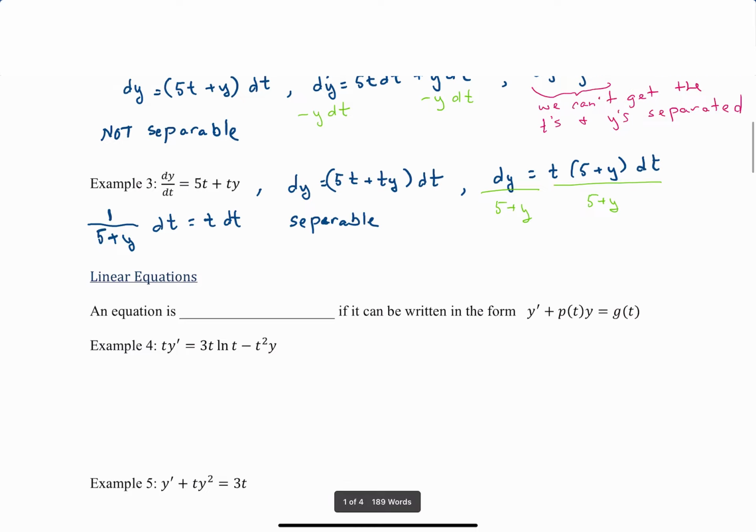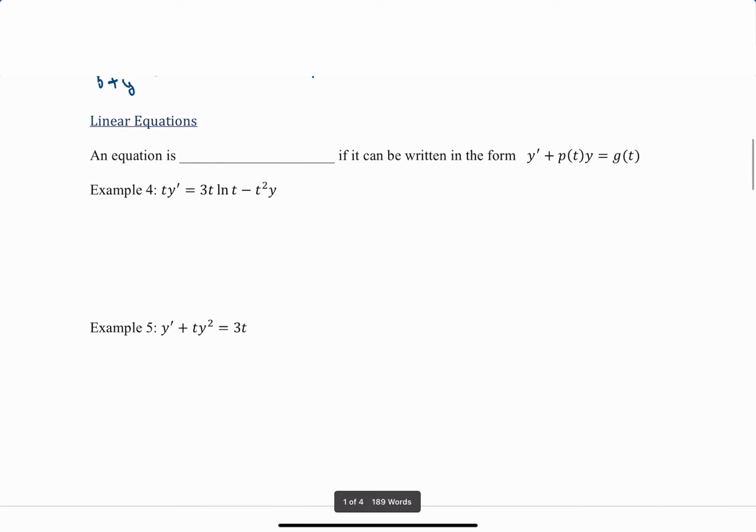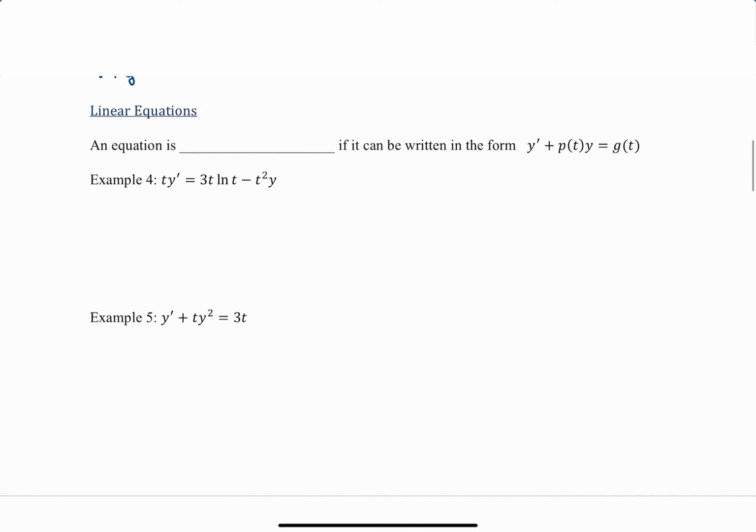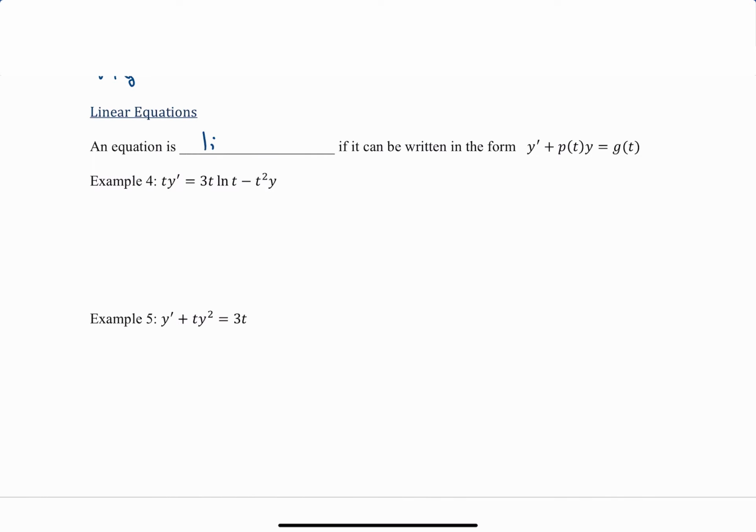The other kind of equation that we'll learn how to solve in this section is the linear equation. And an equation is linear if it can be written in the form y prime plus p of t y equals g of t. And I think that's probably best explained just looking at examples.